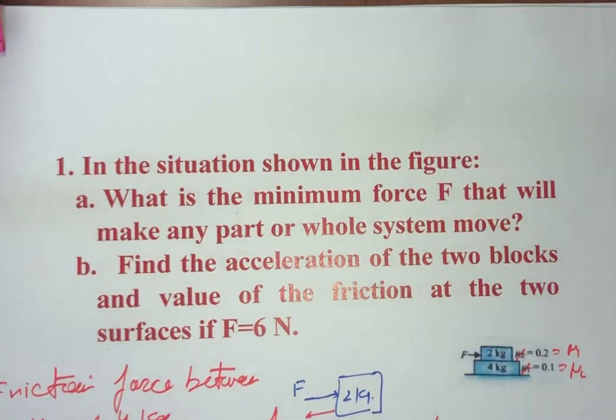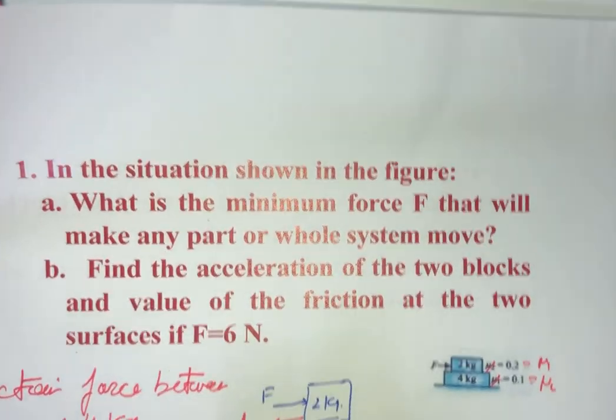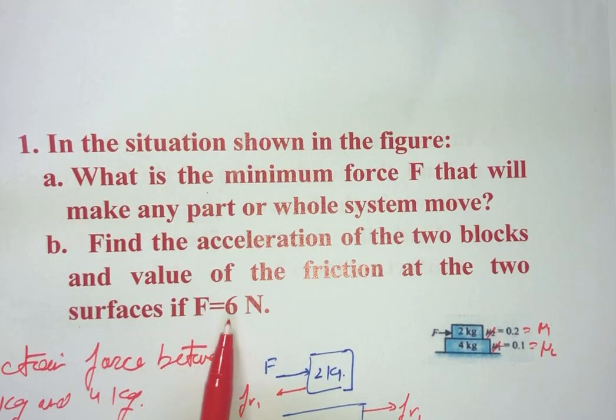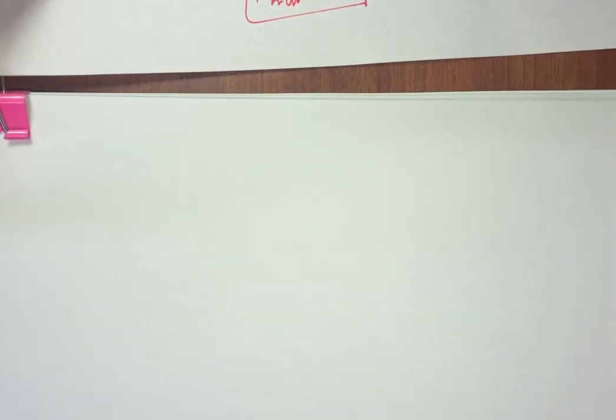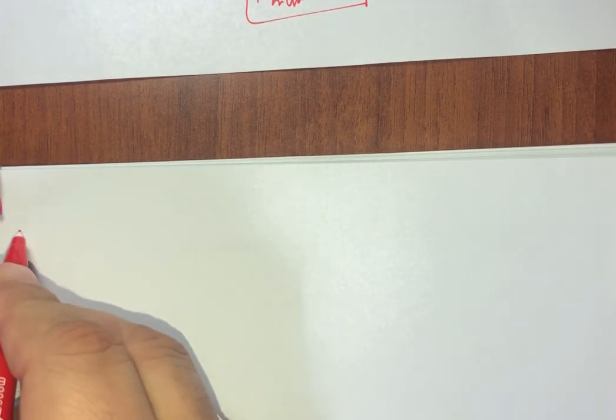In the second part, we are going to find out the acceleration of 2 blocks and the value of the friction at the 2 surfaces if the applied force is 6 Newton. Now in this case, the applied force is given as 6 Newton. So we are going to find out the acceleration of 2 blocks. So this is your B part.